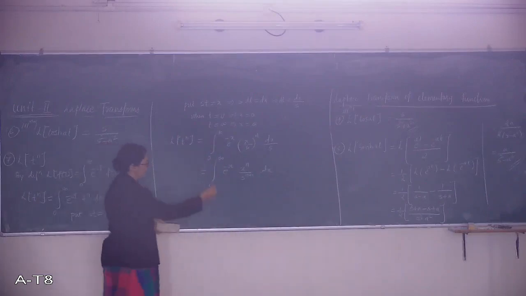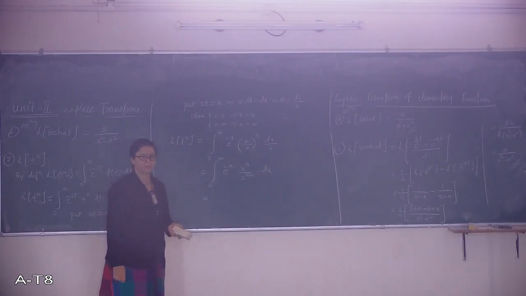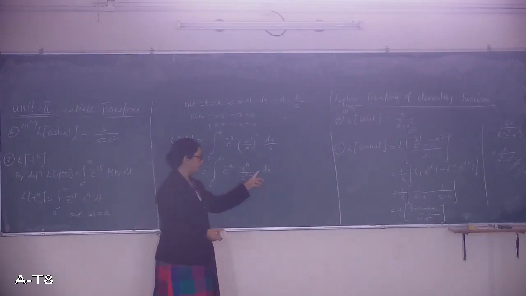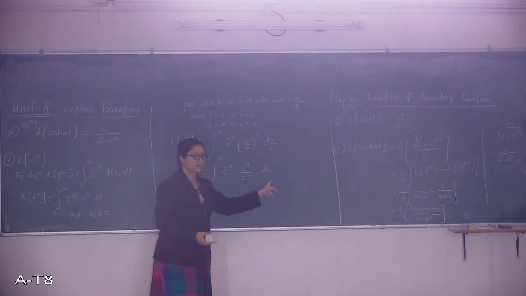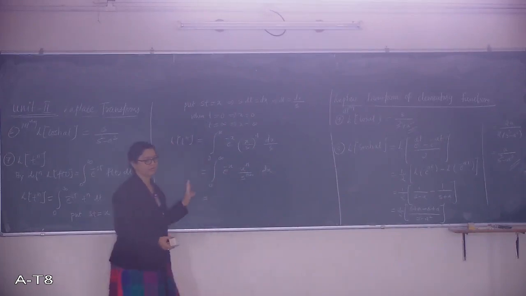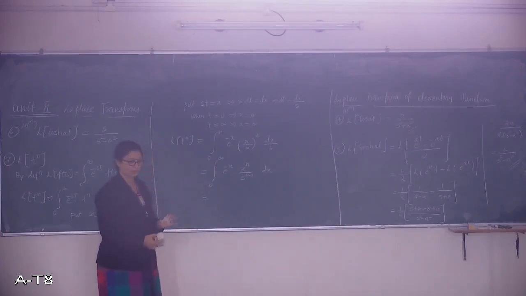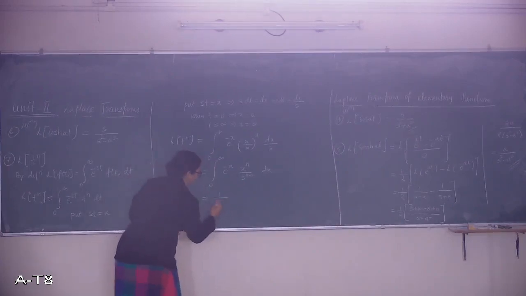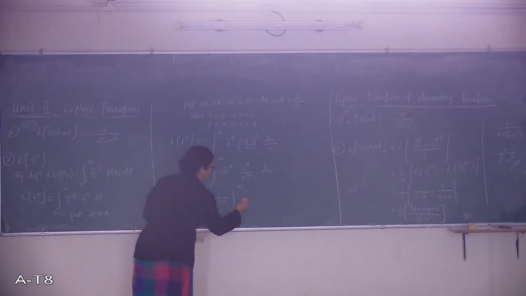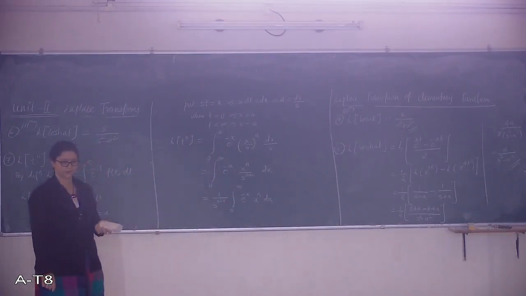Now 1 upon s to the power n plus 1 is constant, because the integrand is with respect to x, so we take it out of the integral sign. It is 1 upon s to the power n plus 1 into integration from 0 to infinity e to the power minus x into x to the power n dx.